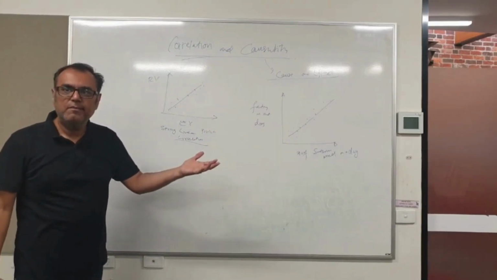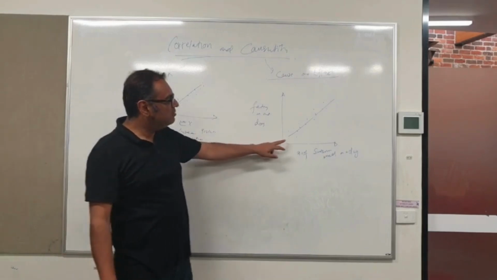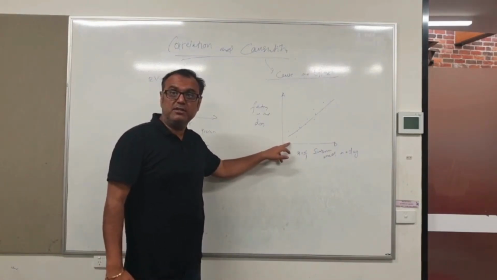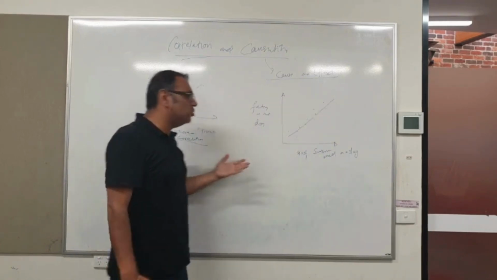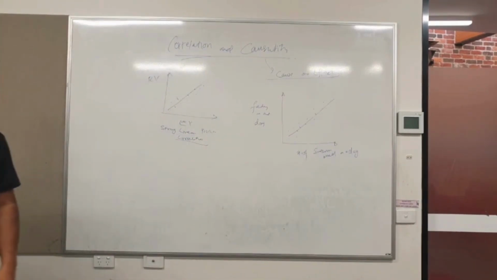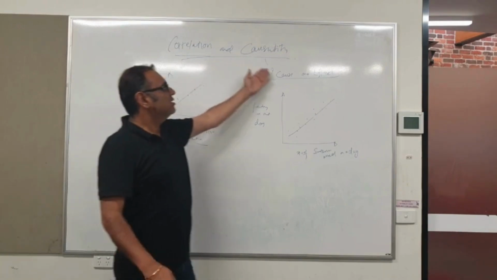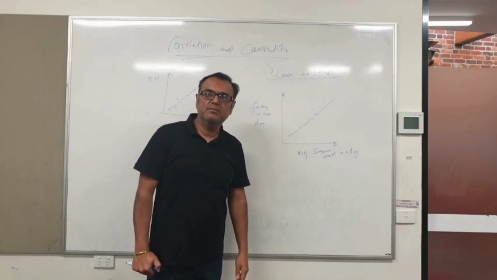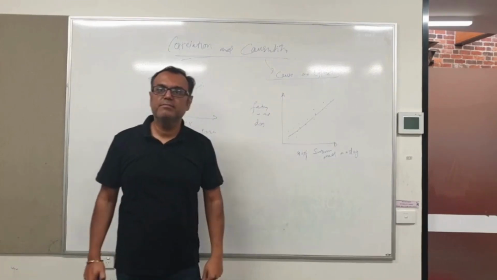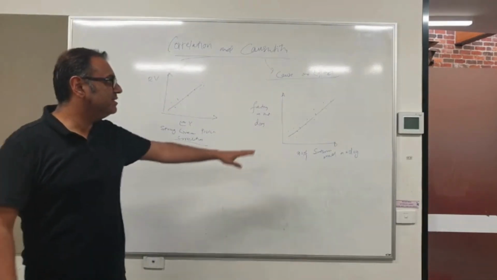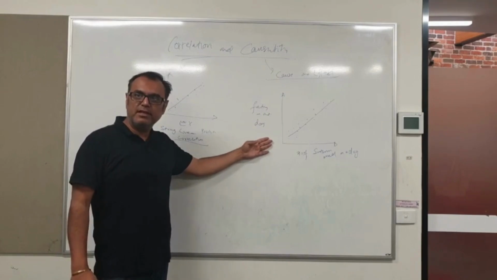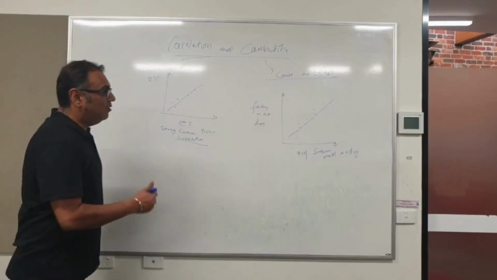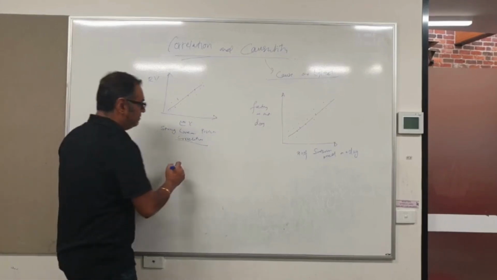No. But the problem is when you draw the scatter plot, you see it's a perfectly positive linear correlation. But causality does not make sense. There is no cause or effect. Logically speaking, this is irrelevant.